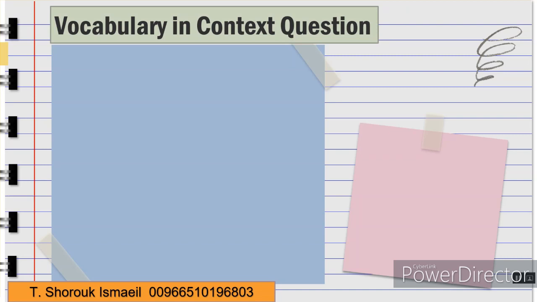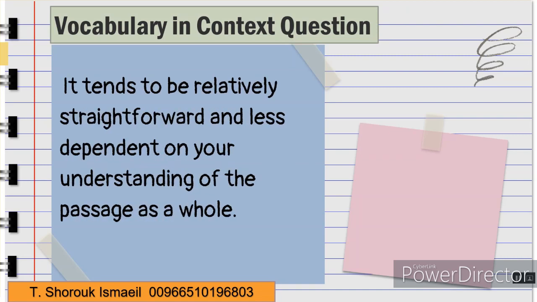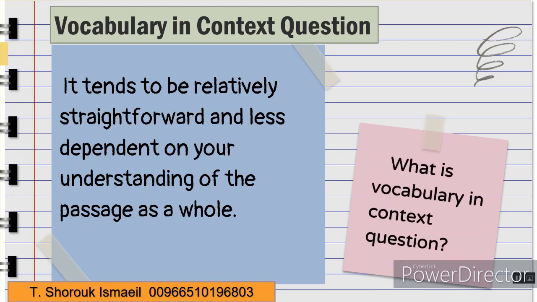What do we mean by vocabulary in context questions? We mean that we have a sentence that asks you about the meaning of one word, and you need to refer to the passage to find its direct meaning, or the straightforward meaning that is used by the author. So it is a straightforward question.